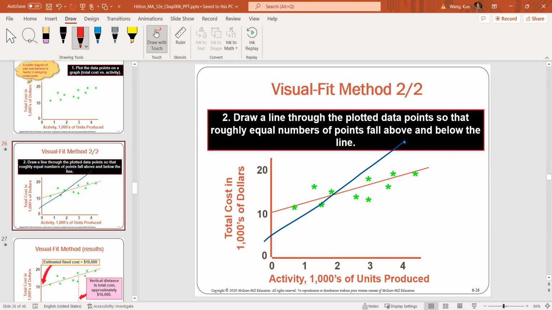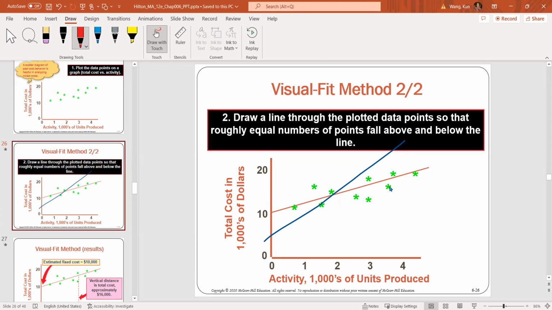But the recommended approach, when fitting visually, is to make sure you have the data points equally distributed above and below the line you are trying to simulate for the relationship.